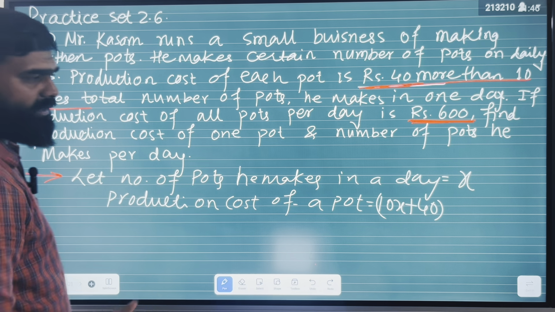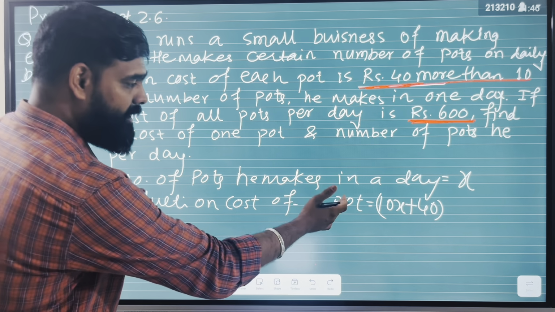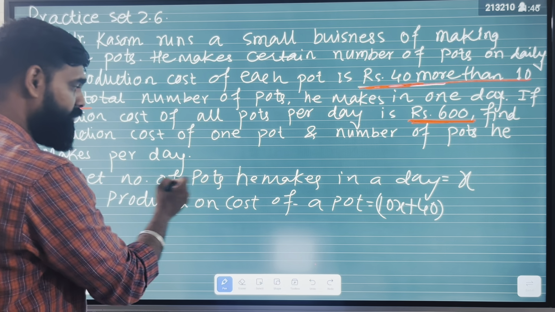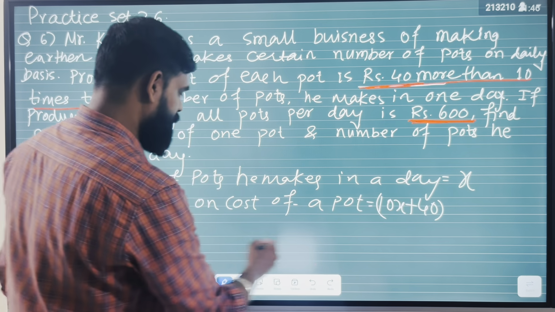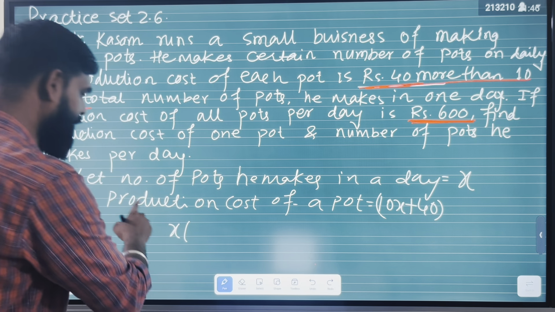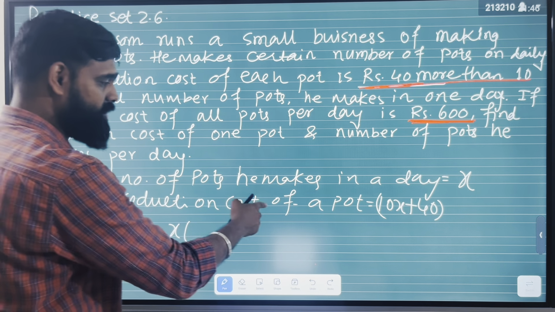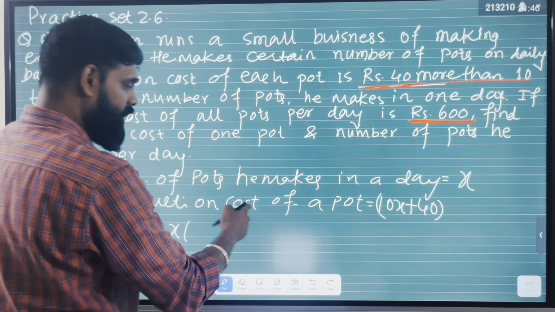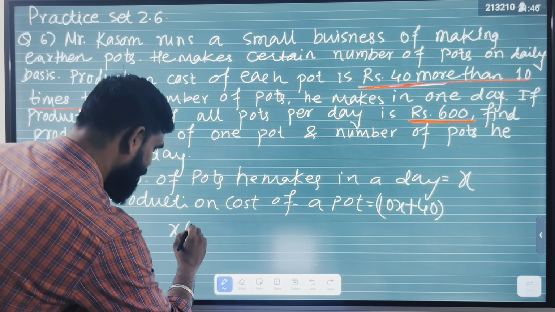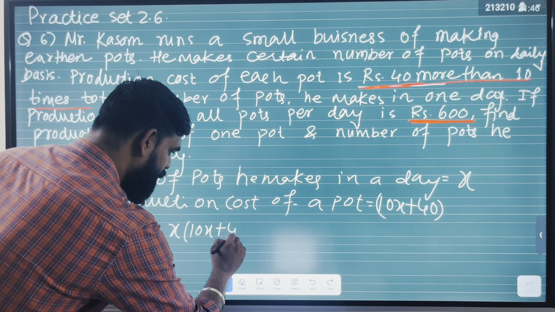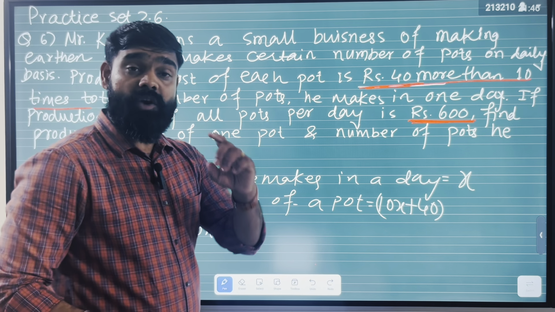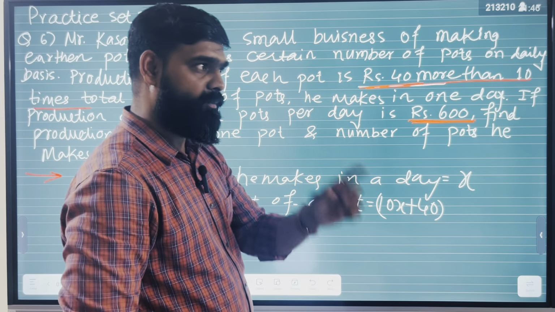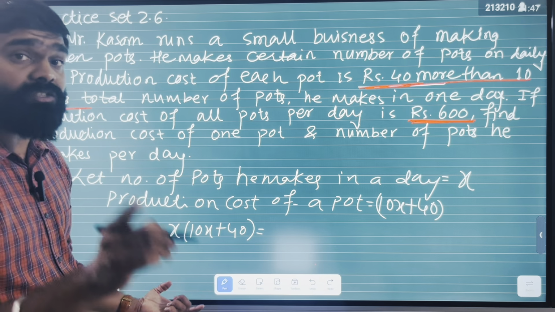To find the production cost, we have to multiply the number of pots he makes in a day, x, with the production cost of a pot. Production cost of one pot is 10x plus 40. So this will become the production cost of all pots.